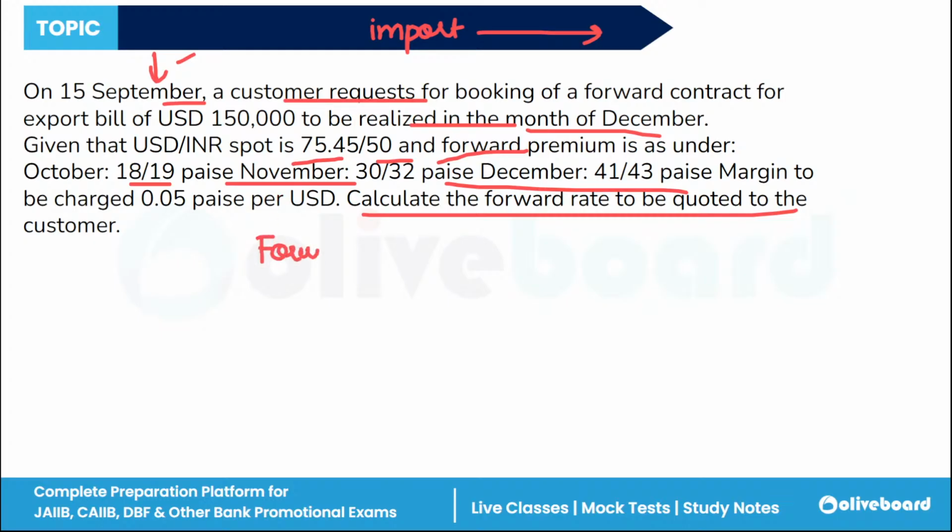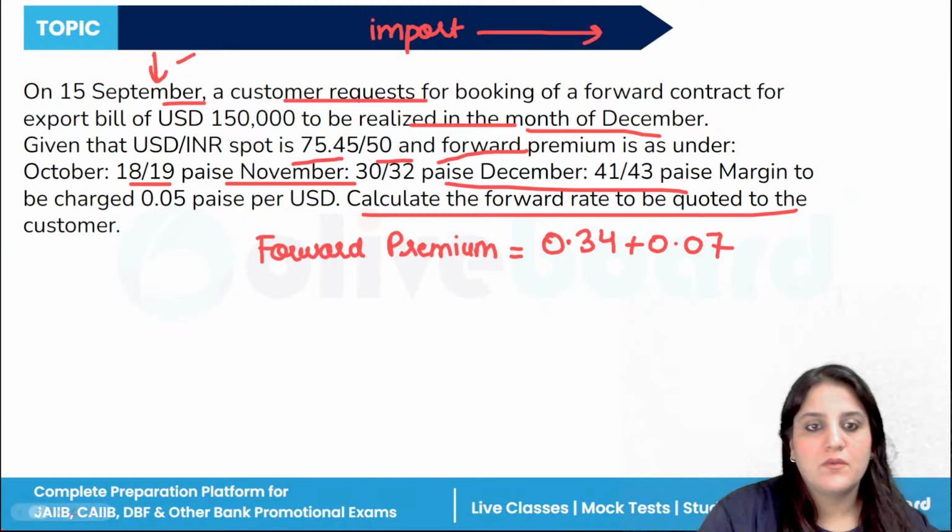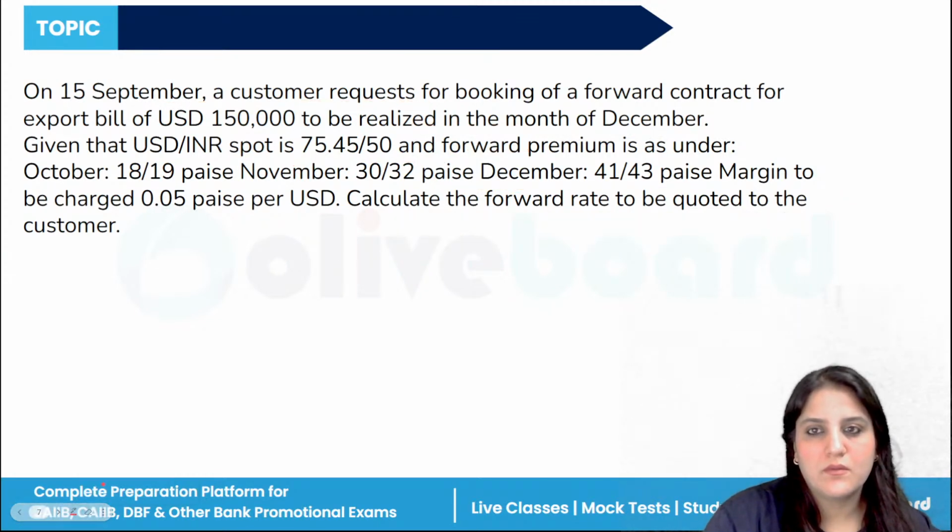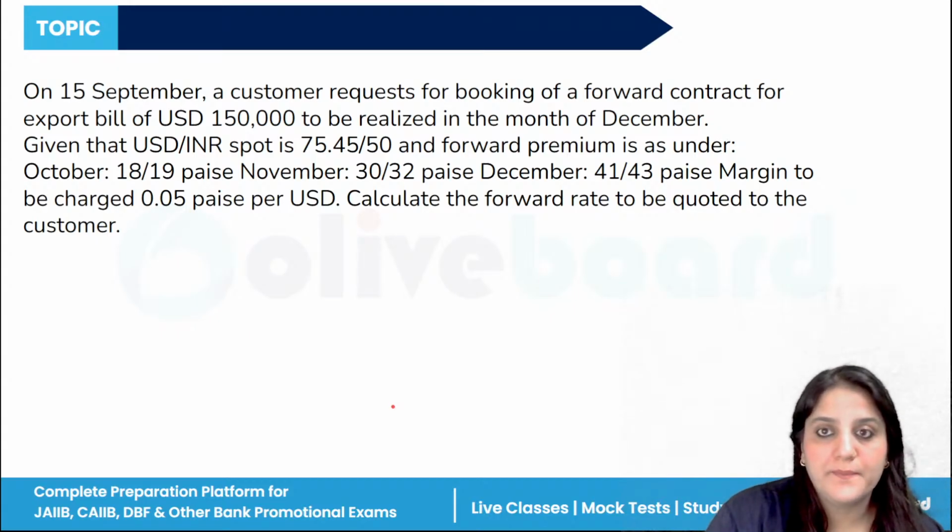So forward premium, which is equals to 0.34 plus 0.07, because spot rate is for, no, there is some, just a minute. Here we have to calculate the forward rate now.